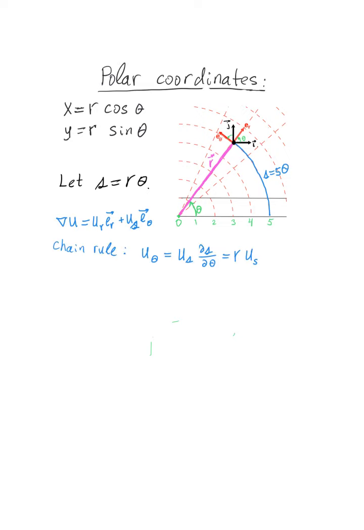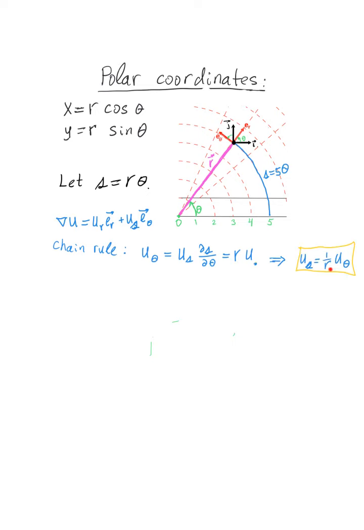By the chain rule, since s is r times theta, the partial derivative of u with respect to theta is the partial derivative with respect to s times ds d theta. Now ds d theta is simply r, so we get that u theta is r times us.